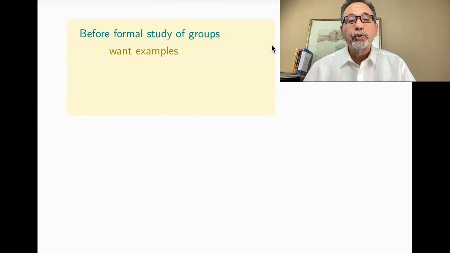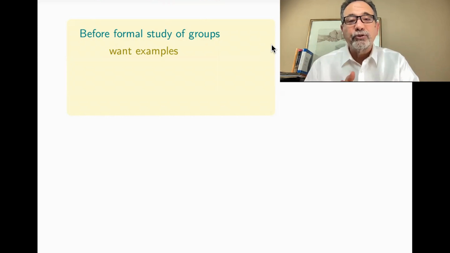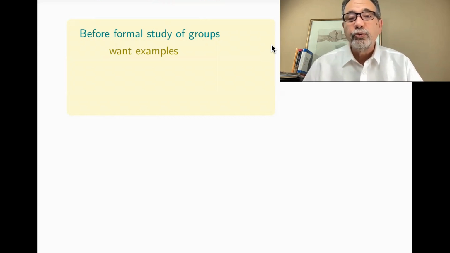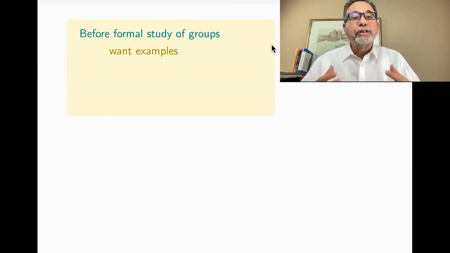In addition, we would like to have a set of examples so that we can hang our hats there, so that whenever we have a question, whenever we're talking about a theorem, we can think of examples. We can think of, okay, what happens in this group? What happens in that group? In a previous lecture, we talked about the dihedral group of order 8, the symmetries of a square, as one such example. This lecture will give us another set of examples to work with.